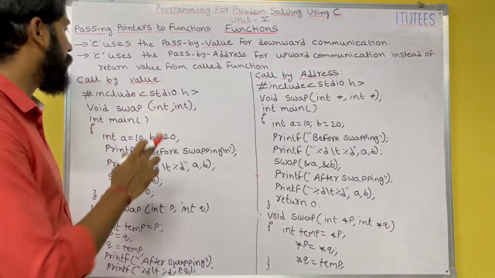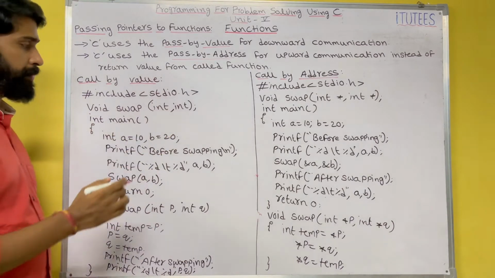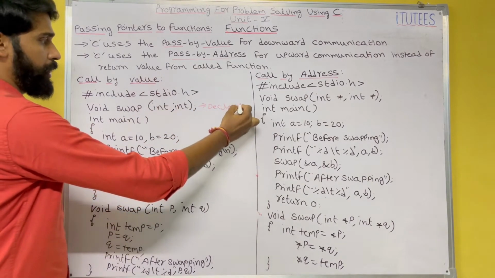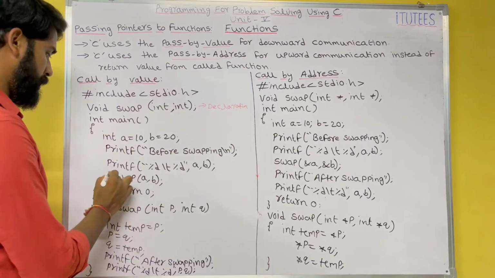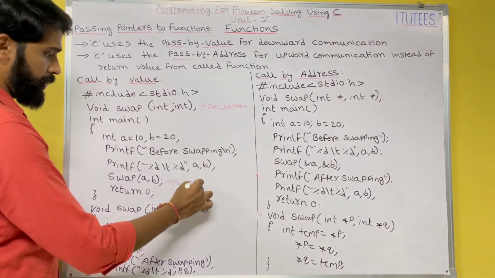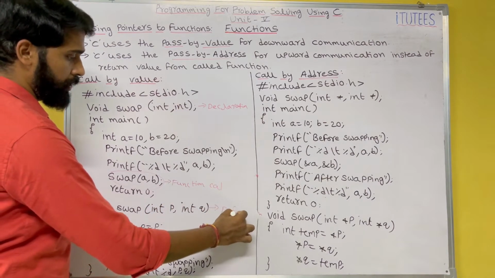Now you see call by value. When you see this program, this is the function declaration. This is the function call. This is the function definition.